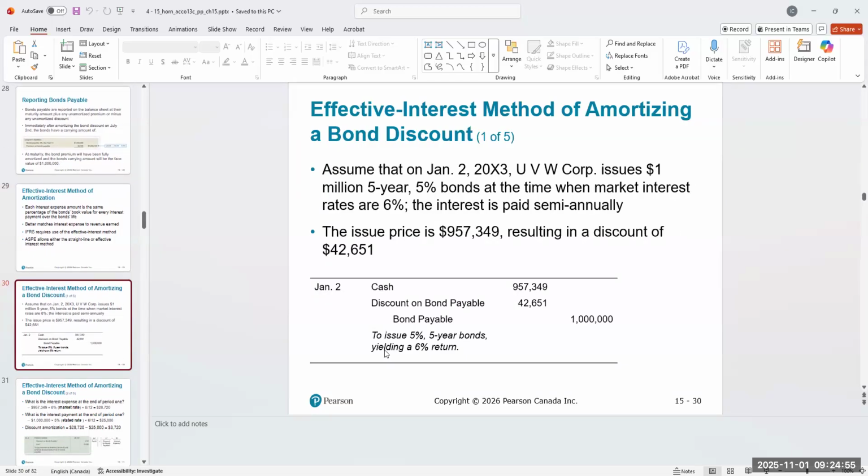Now, what are the journal entries? Once we issue the bonds, the journal entries are never going to change. That's the interesting thing. Only two amounts are going to change. On the effective interest method, the interest expense is going to change, and the amortization of the discount or amortization of the premium is going to change. Those are the two amounts.